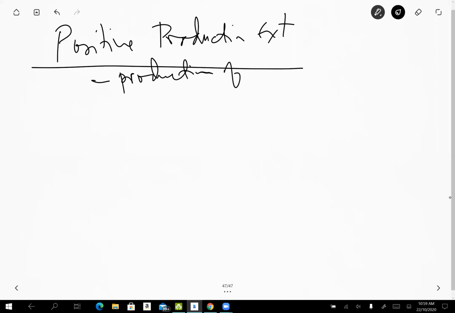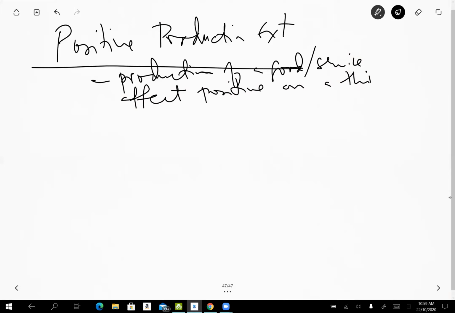Production of a good or service that affects positively other people, that affects positively a third party. Or in simple form, production of a good that we produce positively affects another person.